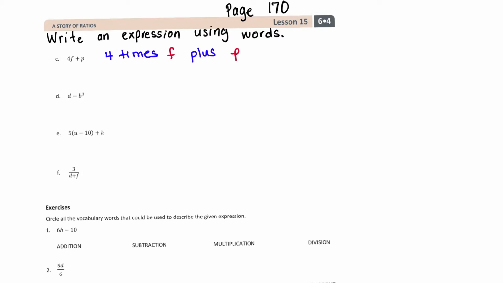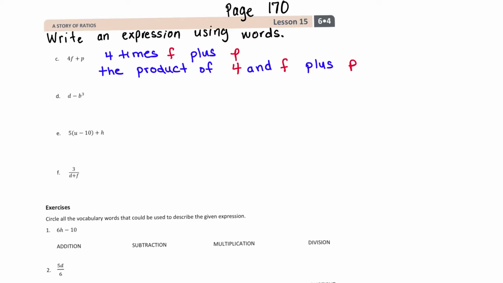You could have said the product of f plus p also. That would be another one. Let's write it down. Why not? The product of 4 and f plus p.